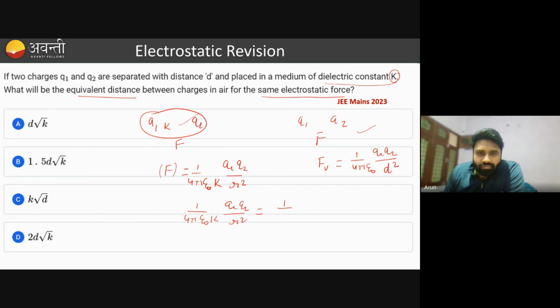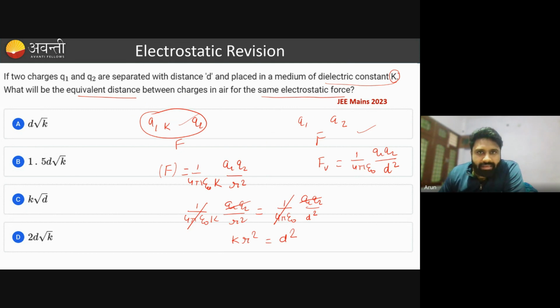So 1 upon 4 pi epsilon naught will cancel, Q1 Q2 will also cancel. So you will have K R square is equal to d square.